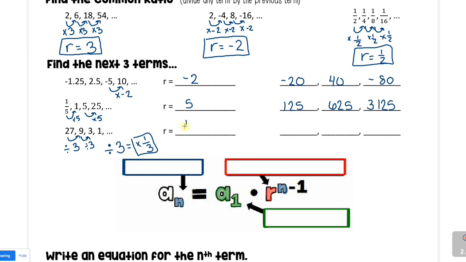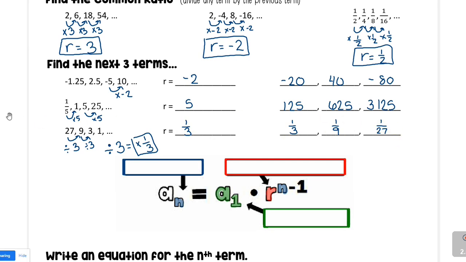So our common ratio is 1/3. So 1 times 1/3 gives us 1/3. 1/3 times 1/3 gives us 1/9. And 1/3 times 1/9 is 1/27.